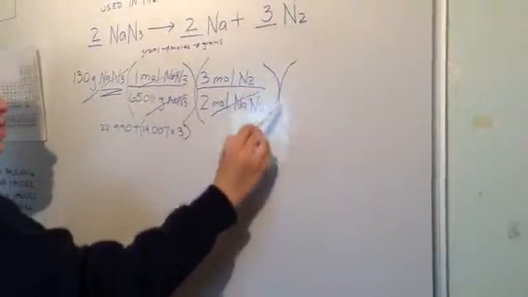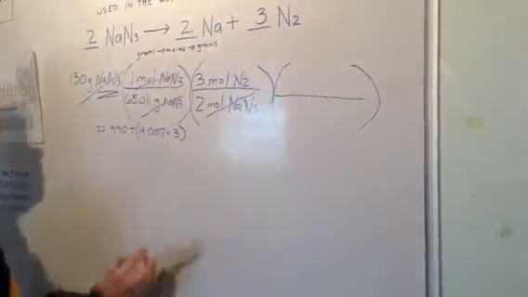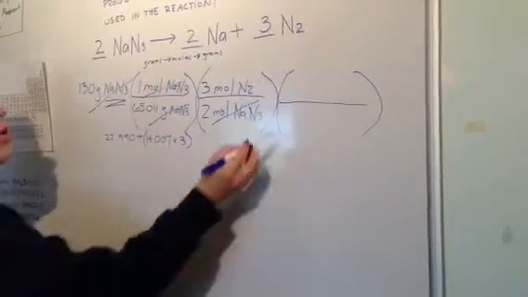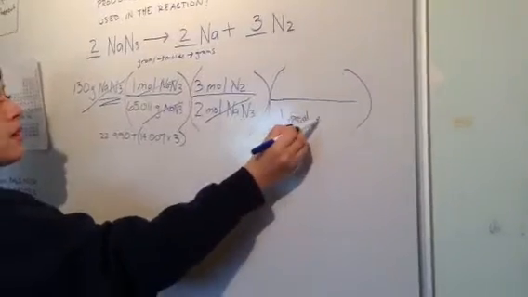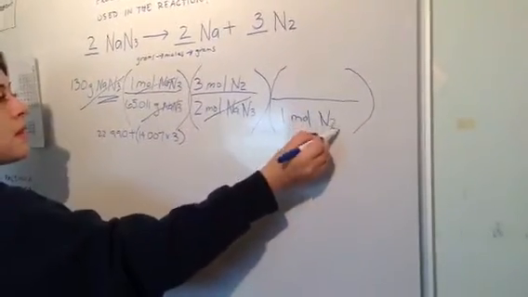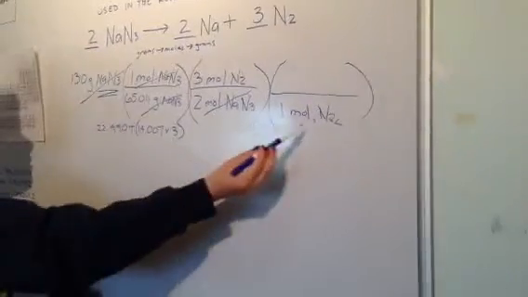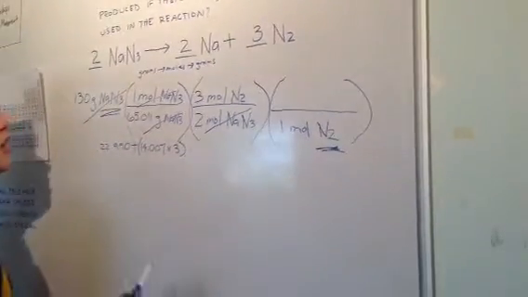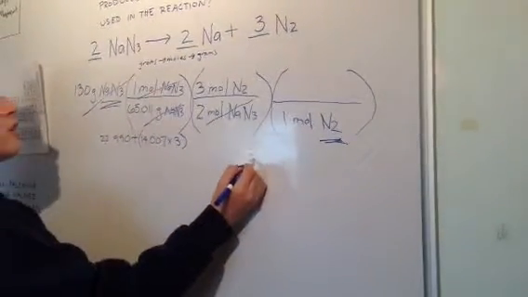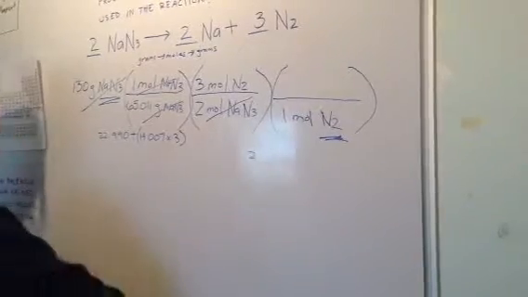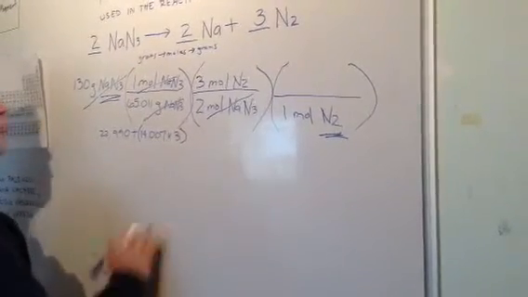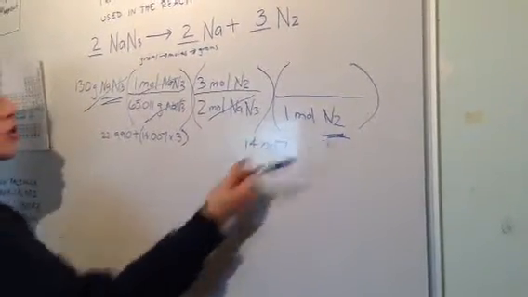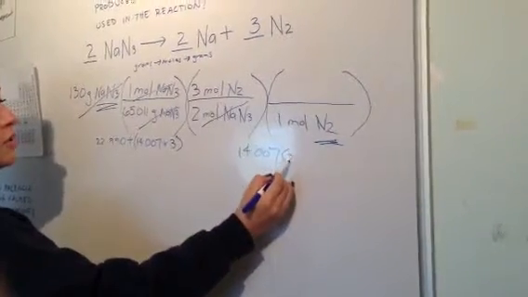Now in the third step, we want to make the transition from moles N2 to grams of N2. So we'll write 1 mole of N2, and to make the transition from moles of N2 to grams of N2, we need to calculate the total mass of N2. So again, N has a mass of 14.007, and because it has a 2, we'll multiply that mass by 2.